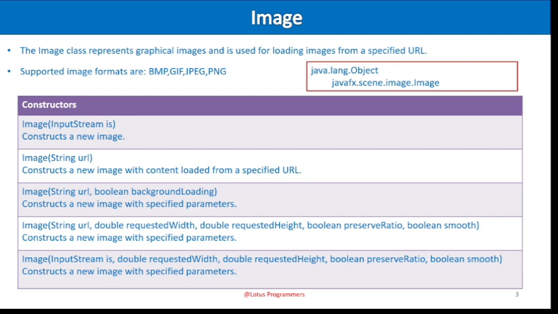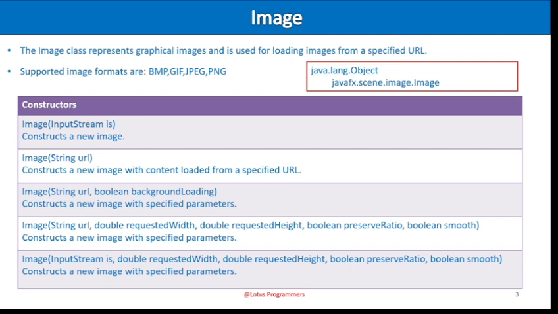The URL may be the location of an image in the system, or it may be an image location on the internet also. The boolean background loading, when it is true, enables background loading of that image.